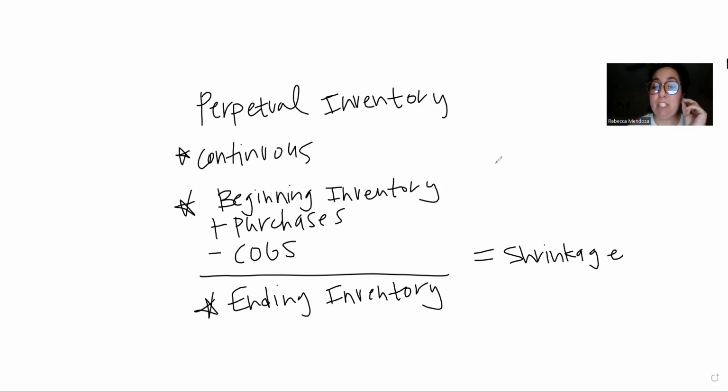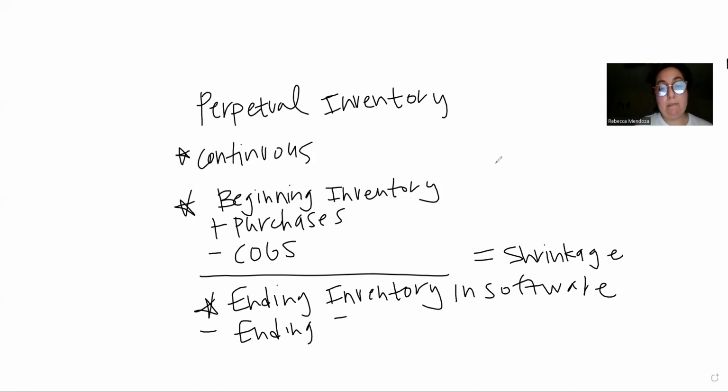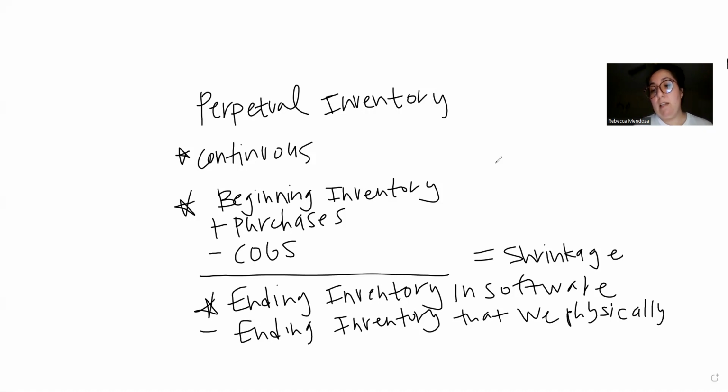All right, shrinkage, what we don't have, would be found by taking the inventory that we have in our software minus the ending inventory that we physically count. All right, so here is just a rundown on perpetual.